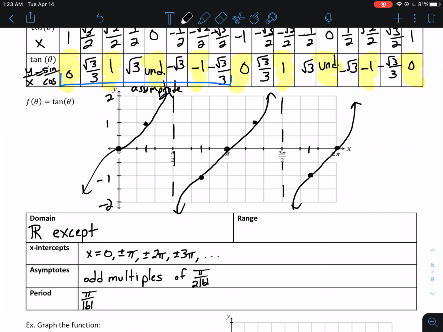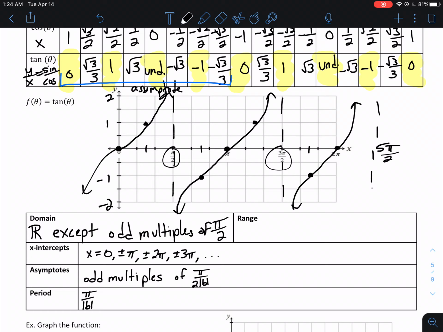And if you didn't already pick up on the pattern, you've got pi over 2, 3 pi over 2. The next asymptote would have been at 5 pi over 2. In other words, the odd multiples of pi over 2.